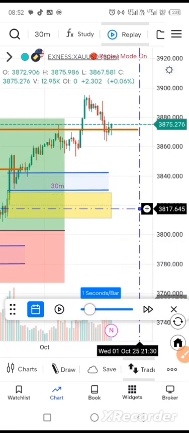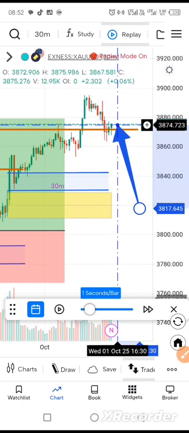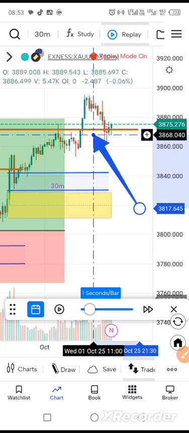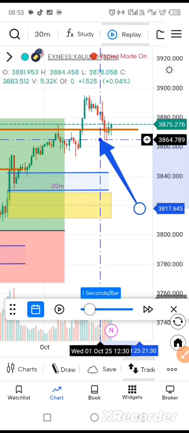It did form a good entry for us, and this point shows that it wants to move higher. You can see just at this point level it did get to this other block, just tapped on it.